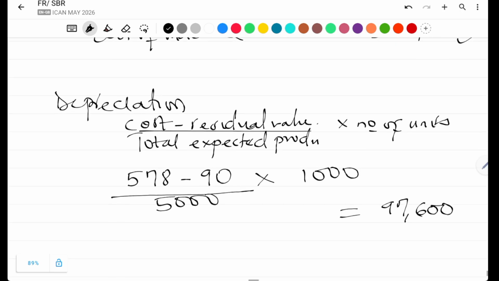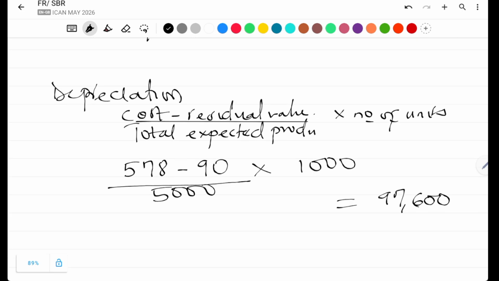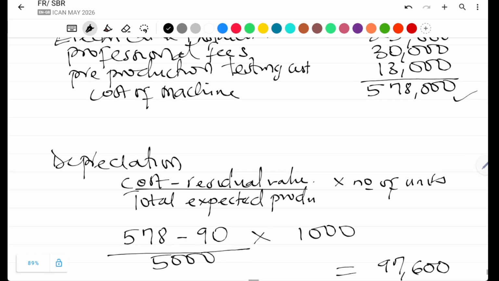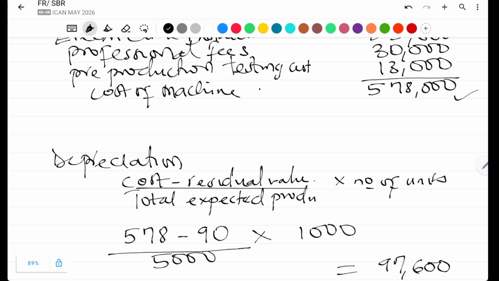So if this is the depreciation, what will be the carrying amount at the end of the 31st of August 2016? Remember that this was the cost of the machine at September 2015. So by the end of the year, which is 31st August 2016, right?